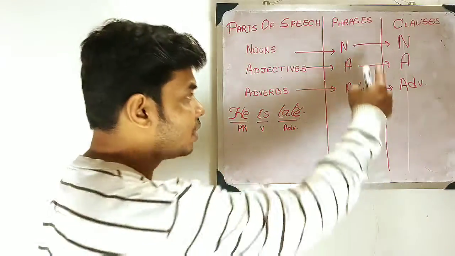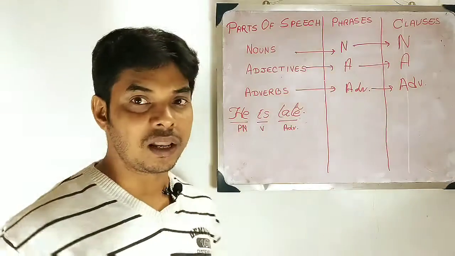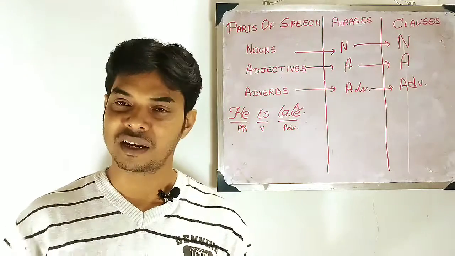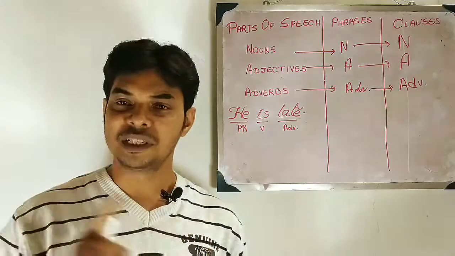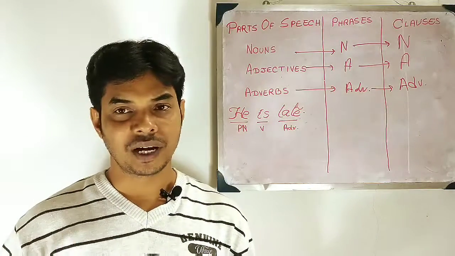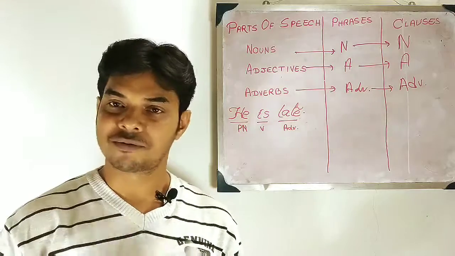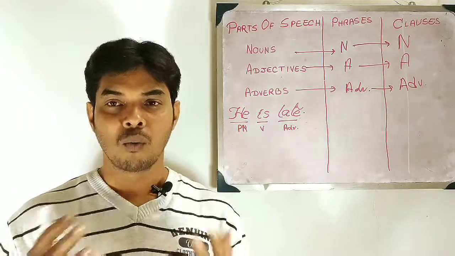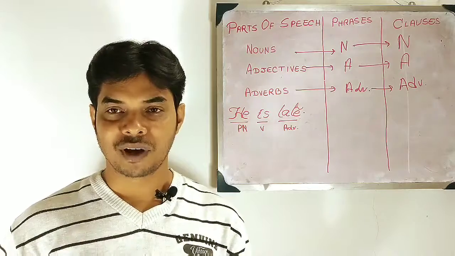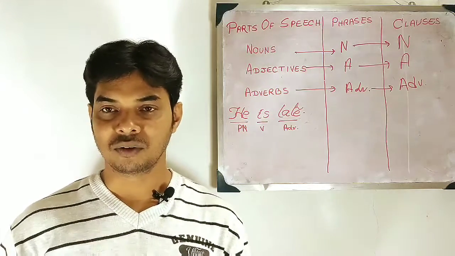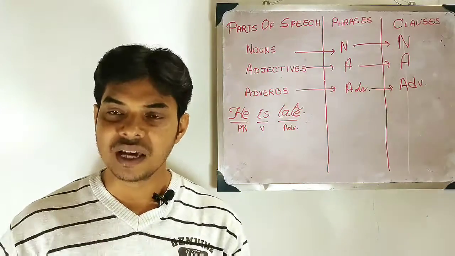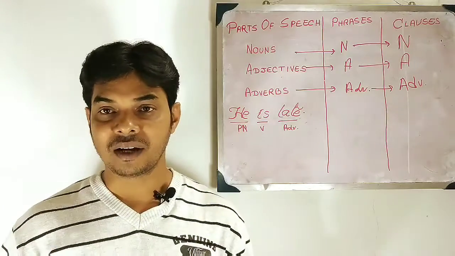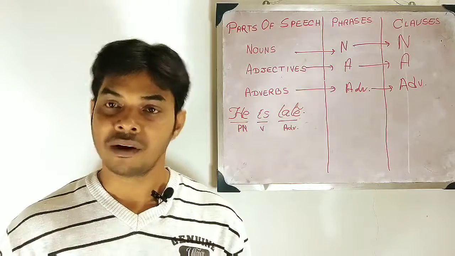The same thing happens for nouns and adjectives as well. So a detailed knowledge of nouns, adjectives and adverbs in parts of speech is very much essential to get the proper concept of phrases and clauses. It's very easy if you ask what is a phrase, what is a noun phrase, what is a clause, what is a noun clause; these are very easy to understand. But it's very difficult to find out which purpose they are serving there.